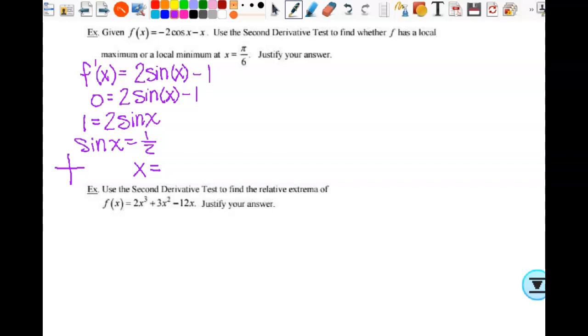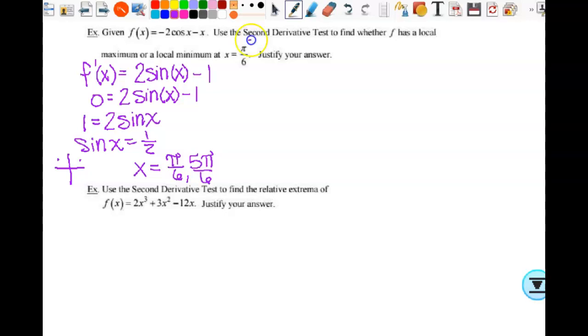So the sine of x is equal to 1/2. If we're going from 0 to 2 pi, when is the sine of x equal to 1/2? At pi/6. And when else? What other quadrant is, yeah, 5 pi/6. So basically what happened here that I wasn't paying attention to, I should have paid more attention to the question.